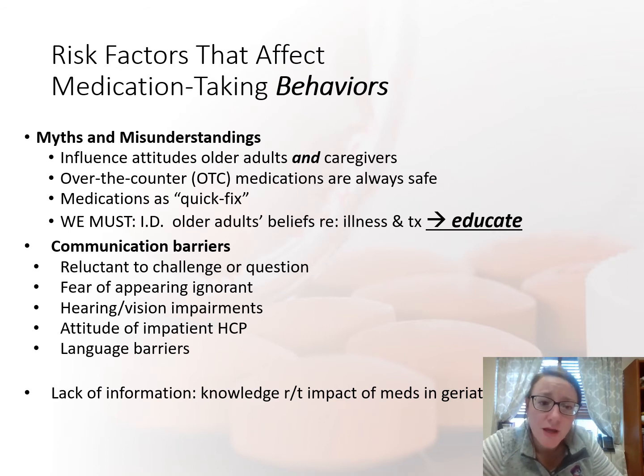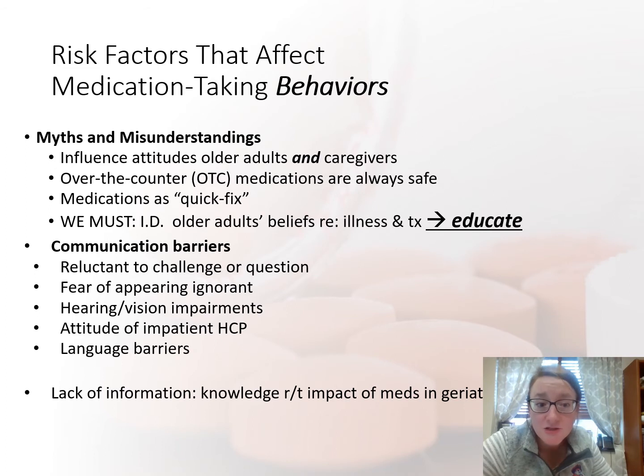Some of the communication barriers that we have, maybe coming from the older adult to the healthcare setting, is that they don't ask questions. Because of these myths that this is a normal change that they should undergo, they don't want to look ignorant. They have this respect for healthcare givers and for physicians.